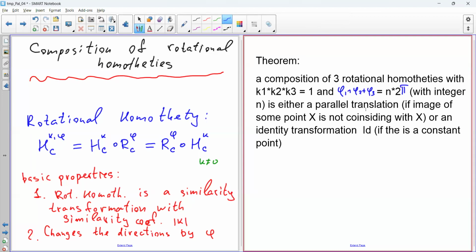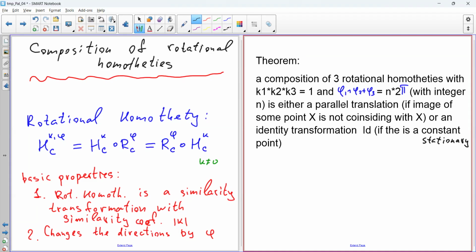So this turns out to be quite a powerful statement. If we have three homotheties such that the coefficients are adjusted so that their product is 1, and the sum of the angles equals double pi, or 0, or minus double pi, or by some reasons 4 times pi, and if the composition has this constant point, stationary point, then it would actually be the identity transformation.